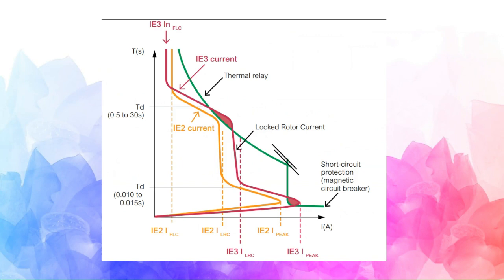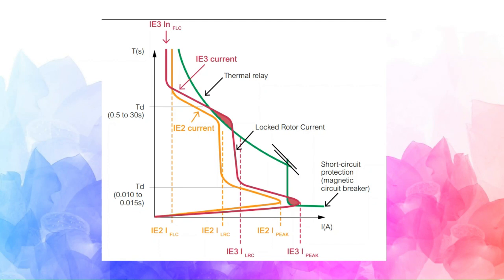Now in this curve, the x and y axis have been shifted a little bit. Again, this is the time current characteristics. This is the RMS current of that motor, and what we want is the breaker should protect this motor, but at the same time it should not trip every time the motor starts, right?